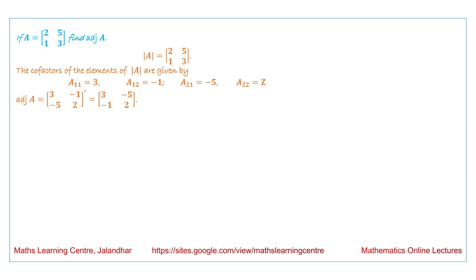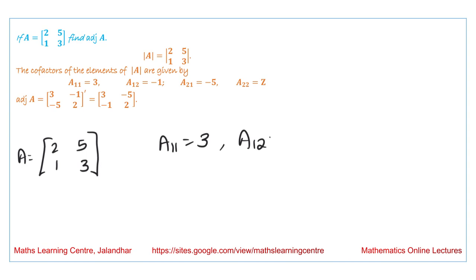So if a 2 cross 2 matrix is given to us, A is equal to 2, 5, 1 and 3. Then the cofactors corresponding to each term: A11 is equal to 3, then A12 is equal to minus 1, because we will have signs over here, positive, negative and negative.